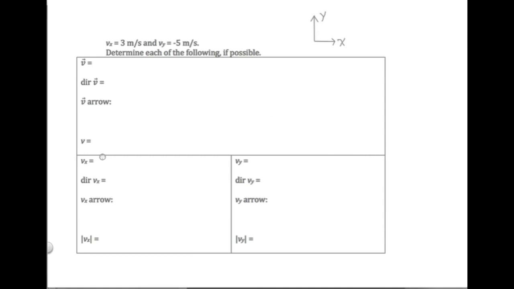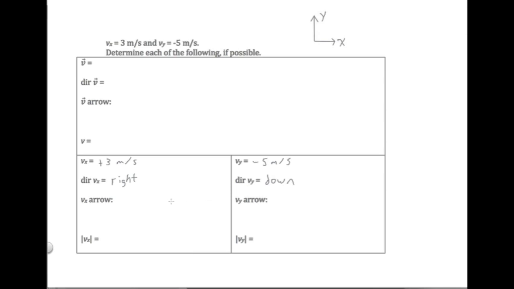So Vx here is plus 3 meters per second. And again, even though the problem didn't include the plus sign, it's a good idea for a beginner to include a plus sign in front of positive components, because that emphasizes that the direction has a meaning. This component is towards the right, and Vy would be -5 meters per second, and that's our downward direction.